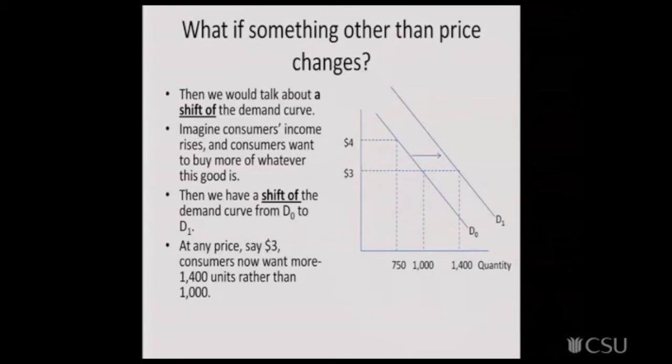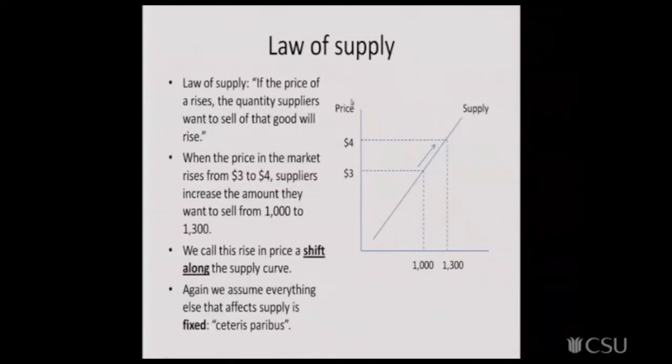But in this case, whenever they invoke ceteris paribus, all they're thinking about is price, because price is on the vertical axis here. You could think of demand curves with income on the vertical axis. It'd be really messy. Then you'd be thinking about only income changes. So ceteris paribus means only price changes because, I really forgot to put price up there, didn't I? Yeah, wait, it's not. Okay, it is there.